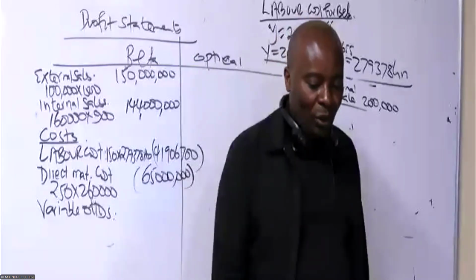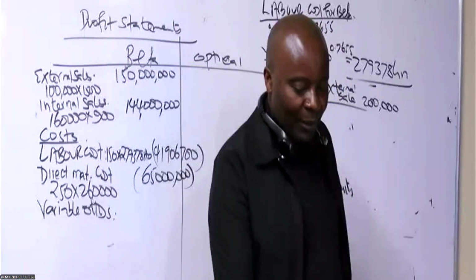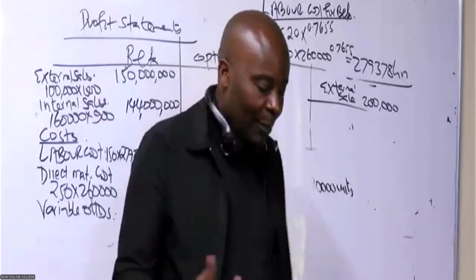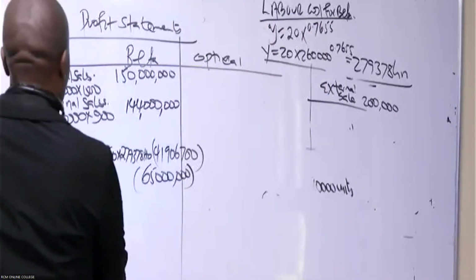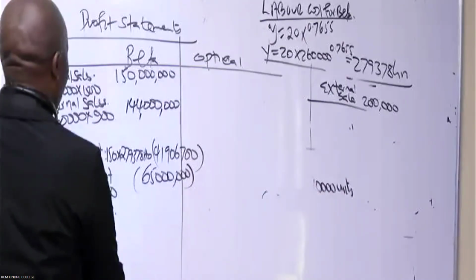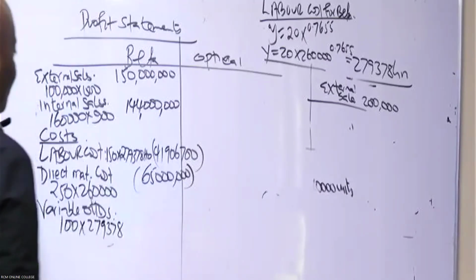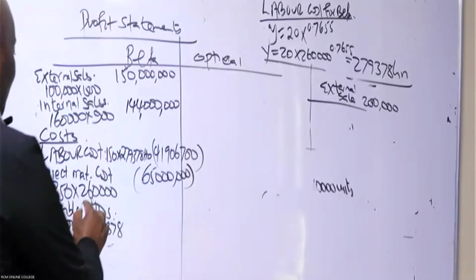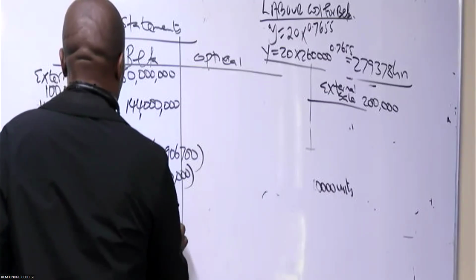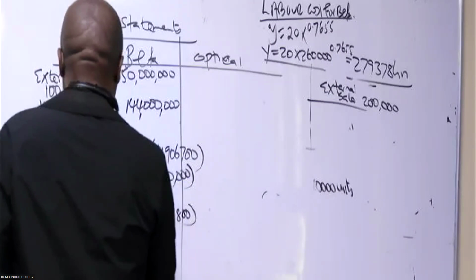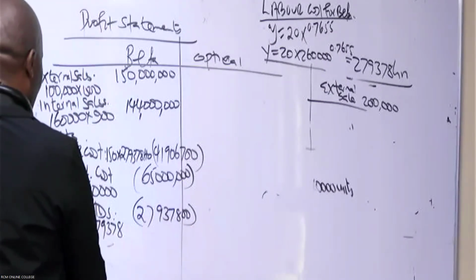They will not be compatible. Remember that variable overhead is based on number of hours. So it will be 100 times 279,378, which gives us 27 million 800 something. And then now we can talk about your fixed cost.